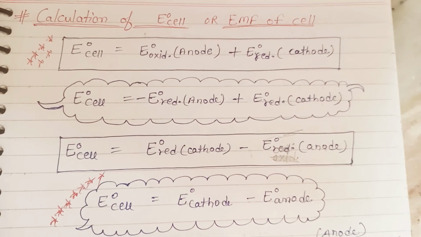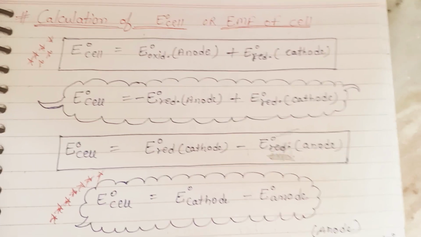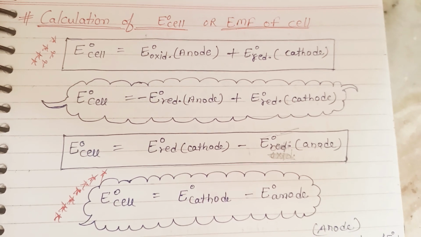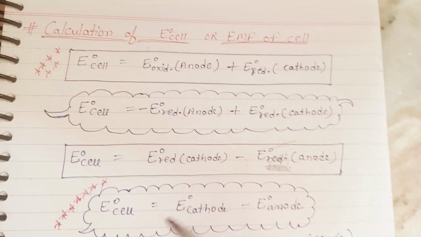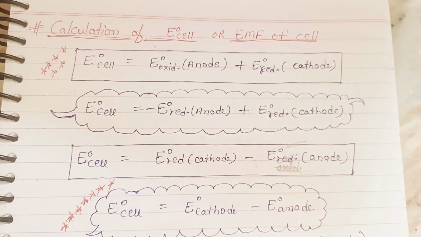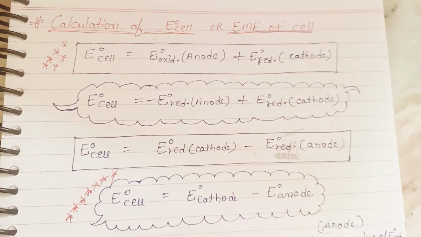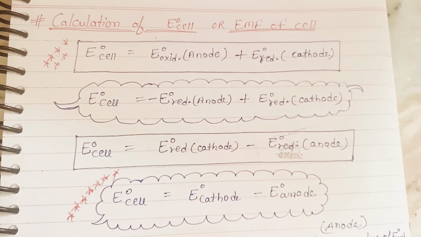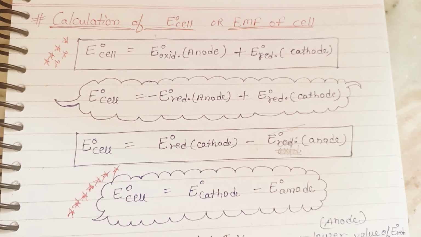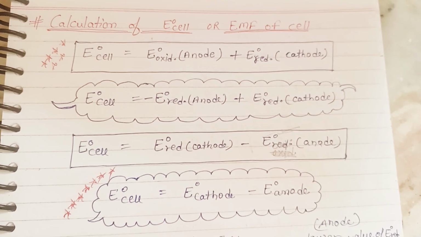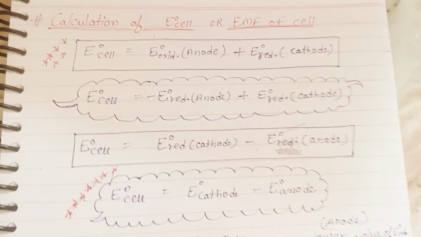So if in a question, E naught of anode is given and E naught of cathode is given, we can find E naught of cell. Let's solve a question regarding this formula.